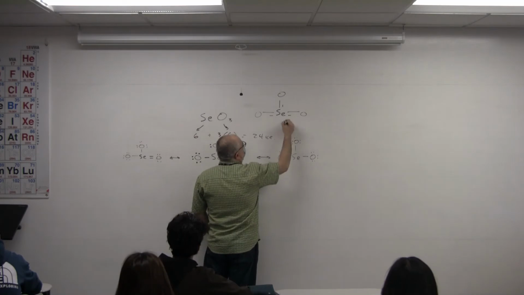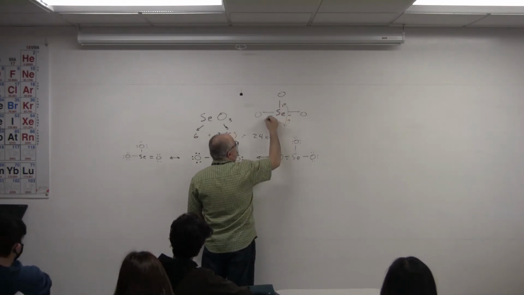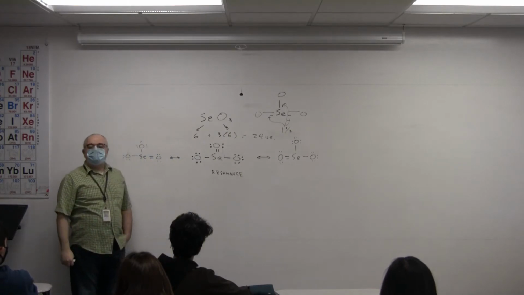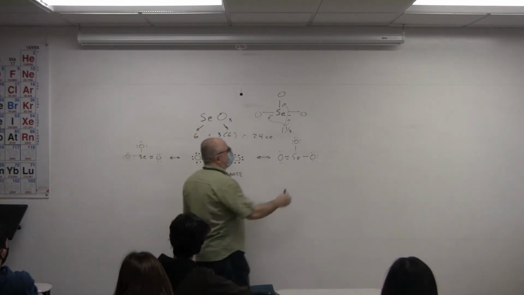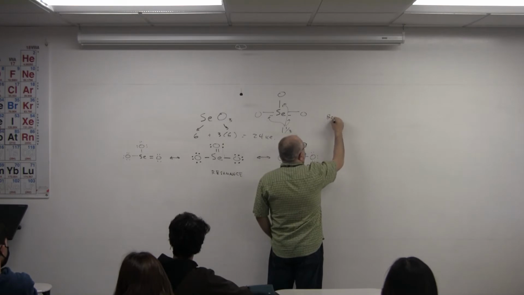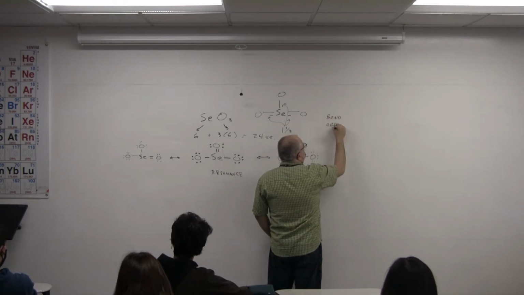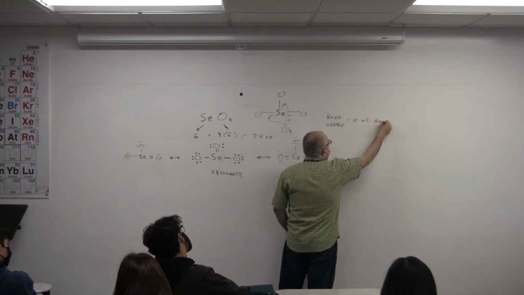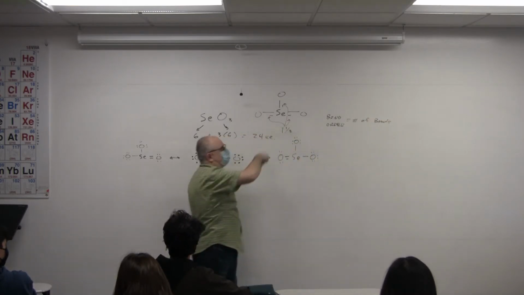Each bond is equal, and that's what the measurements show, with an equivalent bond strength of about 1 1/3. By the way, you might hear the term bond order. That's just counting the number of bonds between 2 atoms. So we would say this has a bond order of 1 1/3.